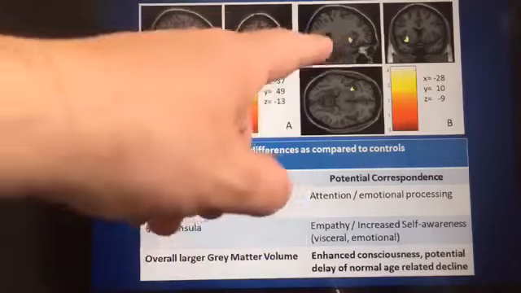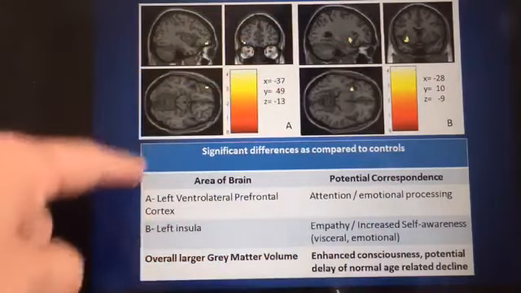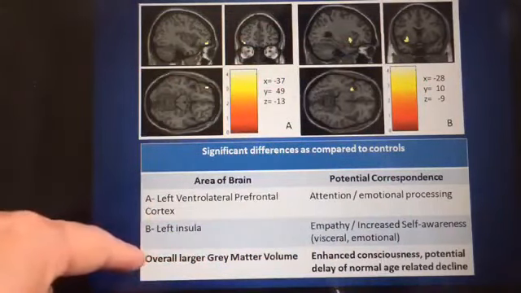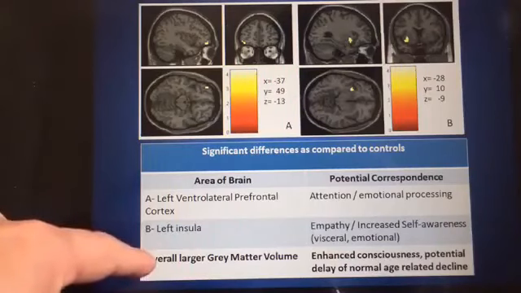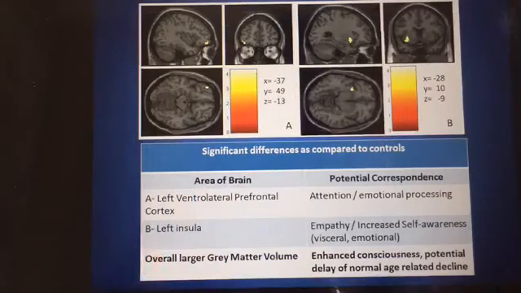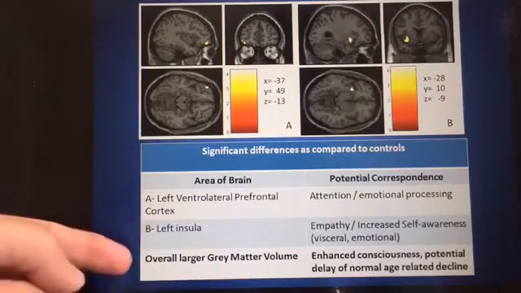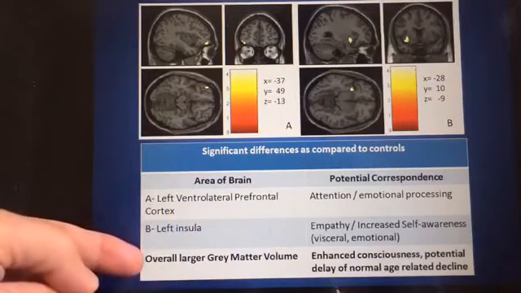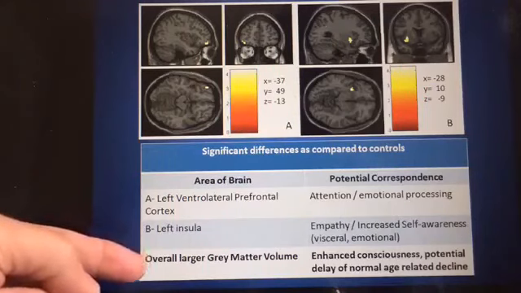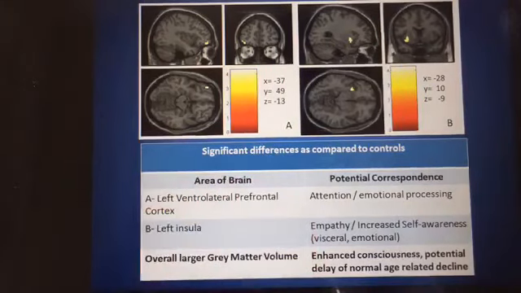And then the most important part of all of this study was this one, that the overall gray matter was larger. The overall gray matter volume in those who practiced Sahaja Yoga meditation was larger as compared to control. And what that implies is potentially enhanced consciousness and potential delay of normal age-related decline.